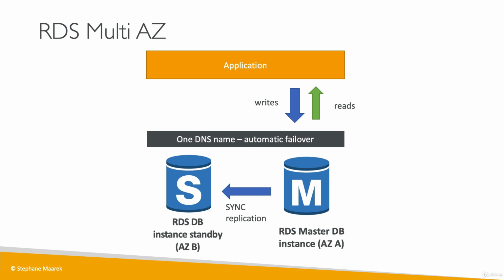Our application talks to one DNS name. If one day failover happens, we will still talk to the same DNS name, and our application will talk to the other database. The standby will be promoted to being a master. So multi-AZ is not to scale reads, it is just to increase fault tolerance.